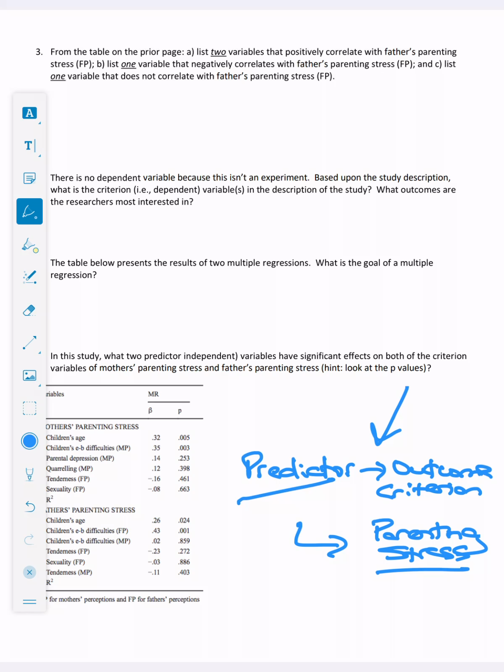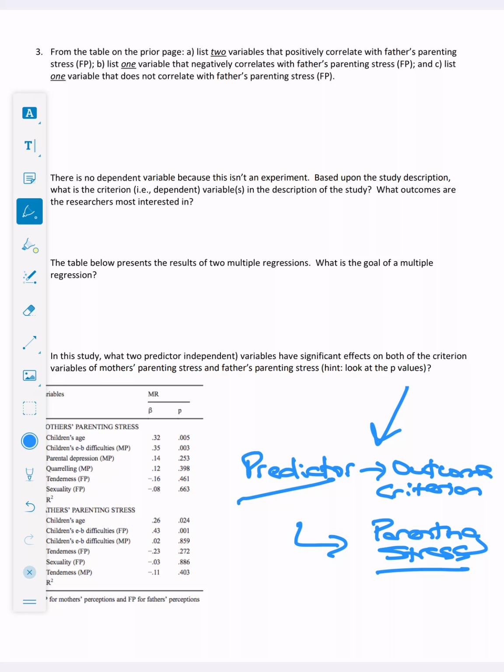When I conduct 2 different multiple regressions, I'm going to throw my predictor variables in there. For example, here we have the multiple regression results, once again from the paper, for mother's parenting stress. Once again, that's our criterion or outcome variable. And I'm going to throw in the predictors, or measures, that I think are most likely to be able to predict mom's parenting stress.